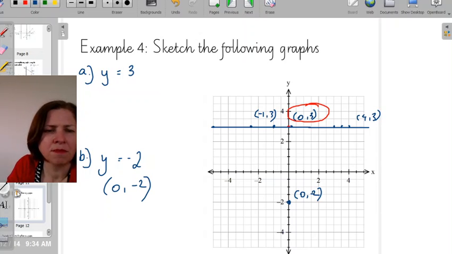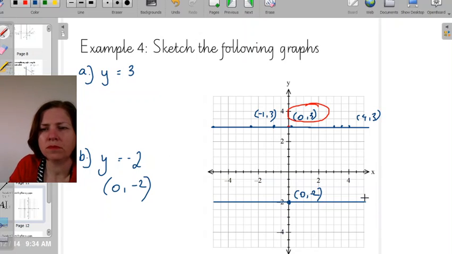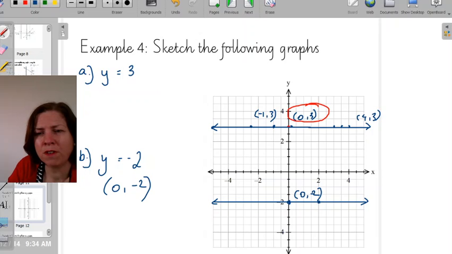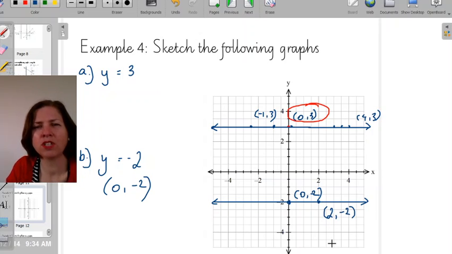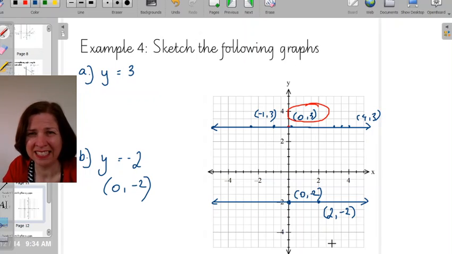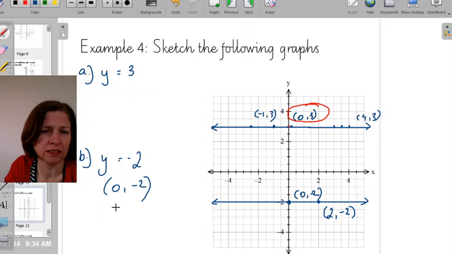And then I take my ruler and I draw a straight line all the way through it. Put some arrows on the end. And pretty much I'm done. If we want to be really perfect, let's label a second point, because really to define a straight line you always need 2 points, and this shows that this really is an exactly horizontal line.